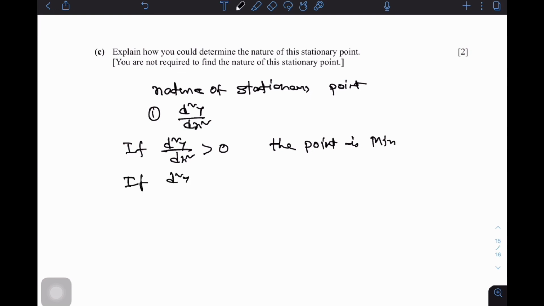If d²y/dx² is less than 0, the point is maximum. That will be enough to show because we need to explain.